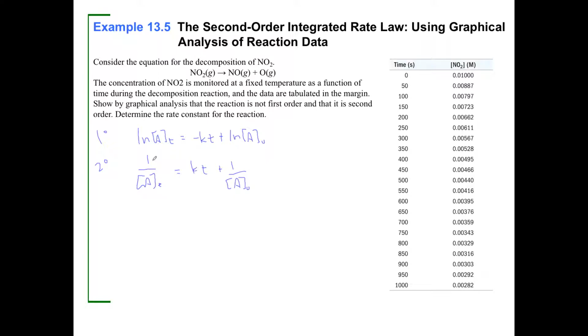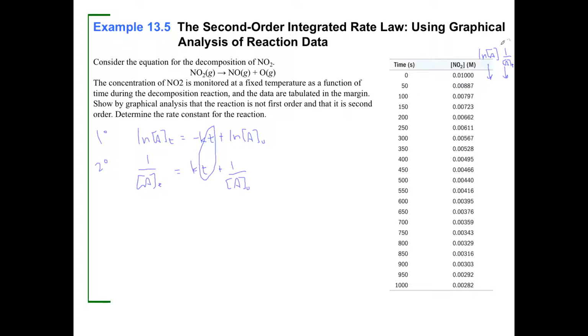So what we would do is set up a column over here for the natural log of A, and another column for 1 over A at t. And then we would graph them against time. We would graph both of them against time and see which one was linear.